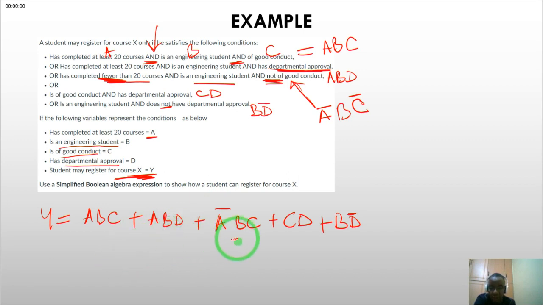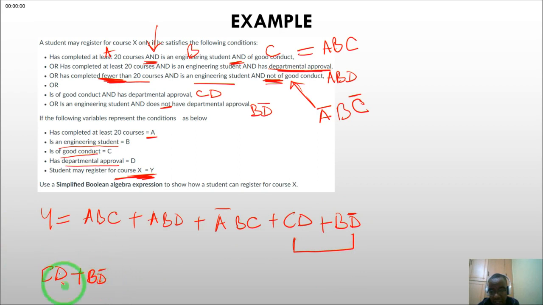So the first thing we observe is that the consensus theorem may be applied in both forms: the reduced form, or the form that is having the redundant term. So for instance, we observe these two. These appear to be in the reduced form, and therefore we can express CD or BD bar.